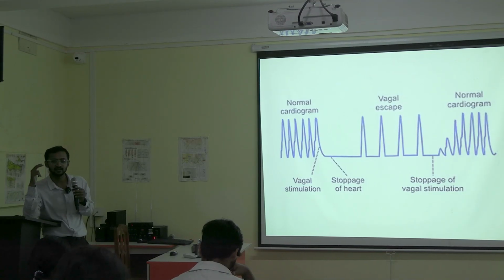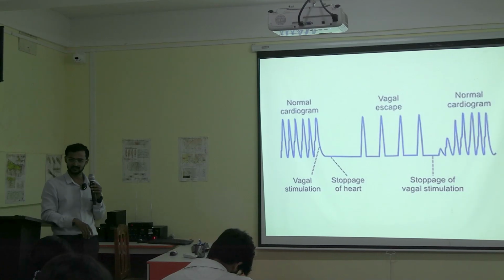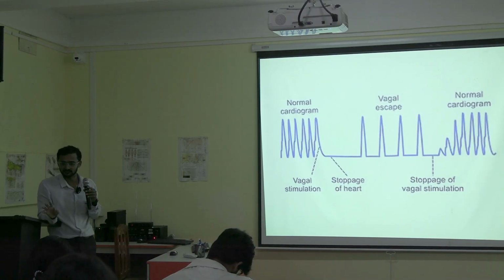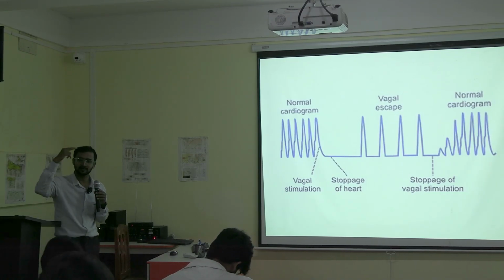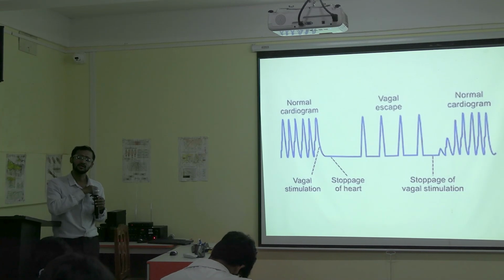If we cut the parasympathetic innervation, what will happen? The heart rate will increase, since there is the positive inotropic and chronotropic effect. What if we cut the sympathetic innervation? The heart rate will decrease more. If we cut the parasympathetic innervation, the heart rate will increase, suppose to 75 or 65.